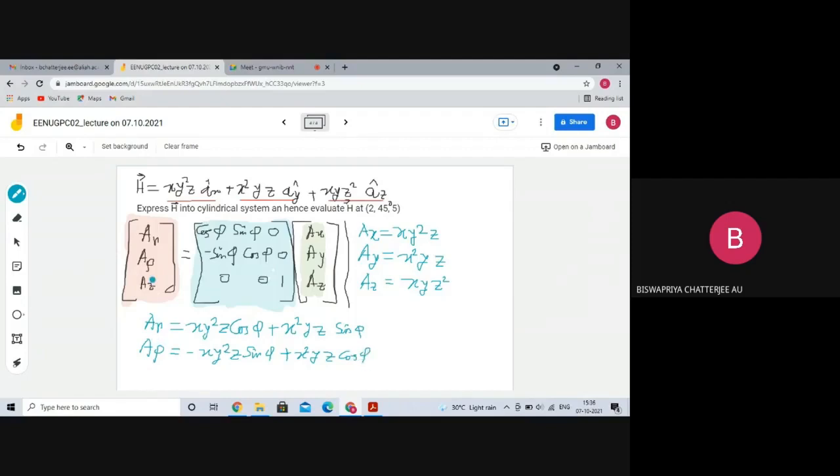This is A phi, and Az is Az, which equals x y z square. So now your conversion has been done.